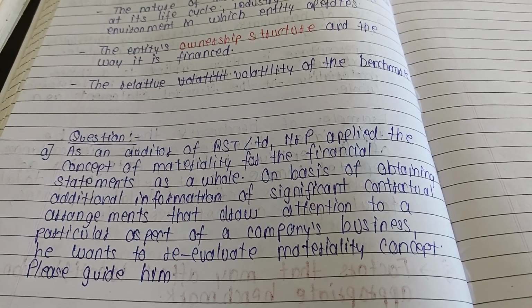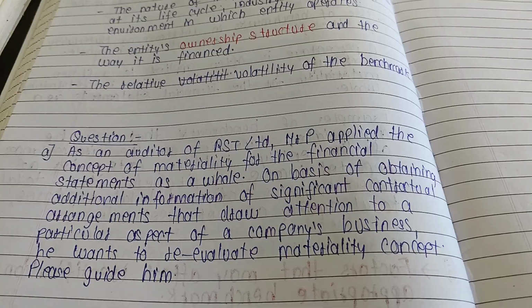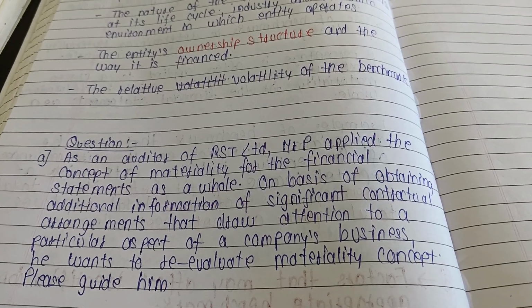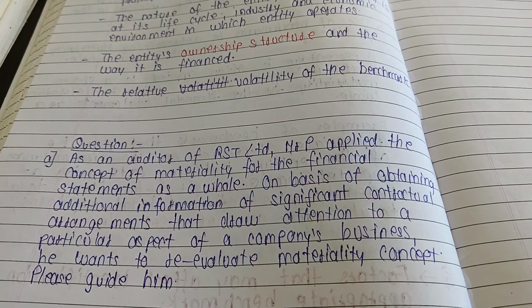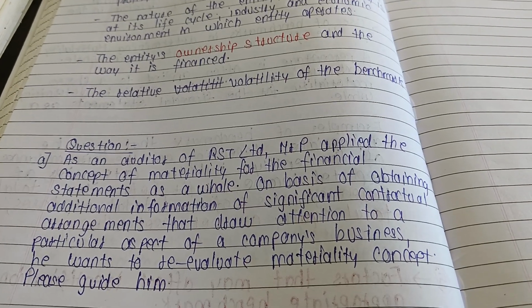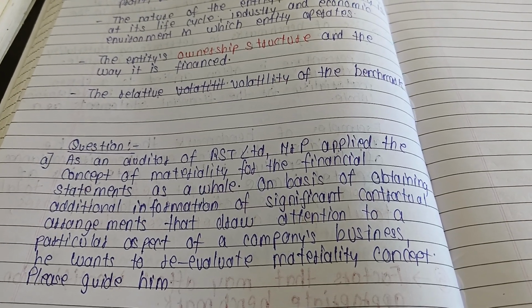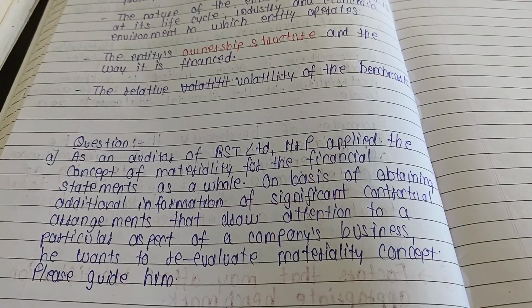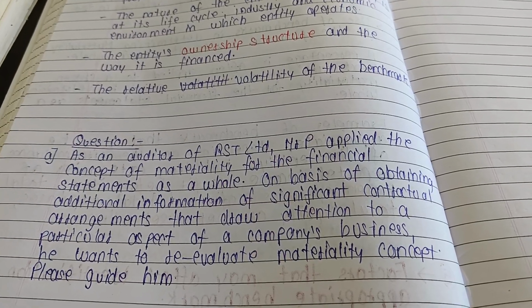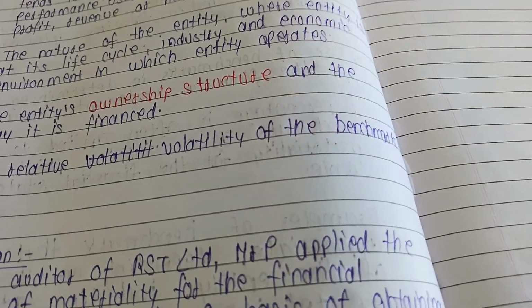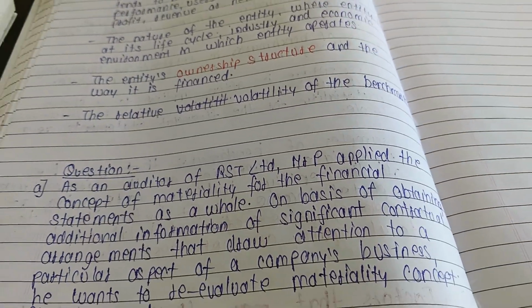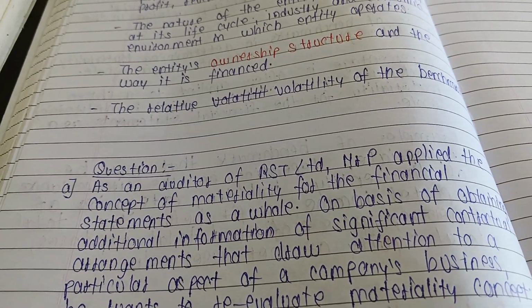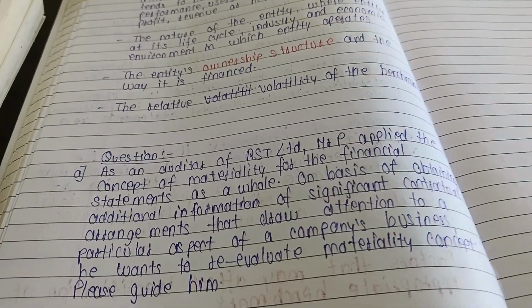P applied the concept of materiality for the financial statements as a whole. On the basis of obtaining additional information of significant contractual arrangements that draw attention to a particular aspect of a company's business, he wants to re-evaluate the materiality concept. Please guide him.